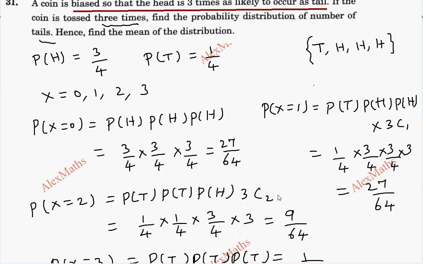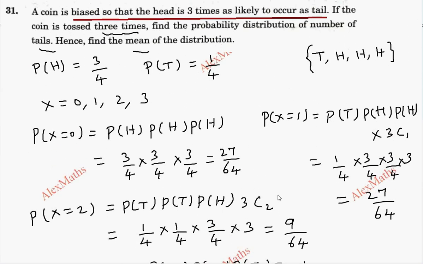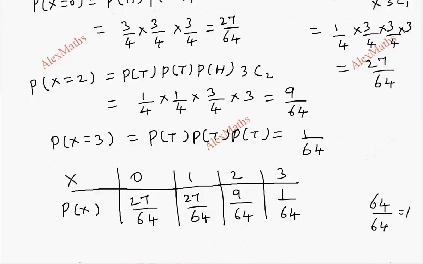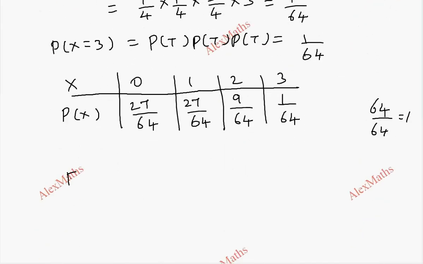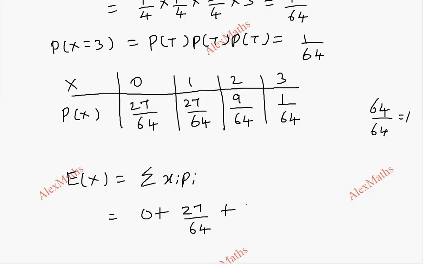Now we have to find the mean. So for finding mean, it is E of x, which is sigma xi pi. So 0 into 27 by 64 is 0. 1 into 27 by 64 is 27 by 64. 2 into 9 by 64 is 18 by 64. 3 into 1 by 64 is 3 by 64.